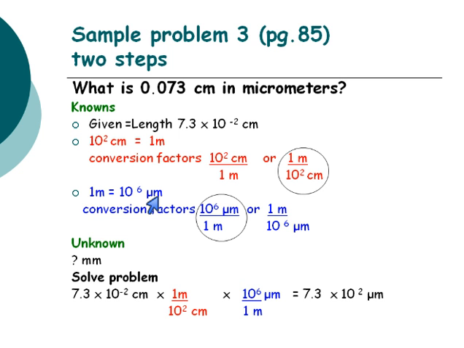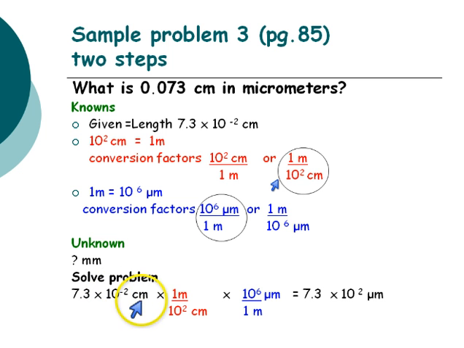Again, if you look in that equivalent table, you'll see this equivalent statement. So conversion factor, 10 to the 6 micrometers is 1 meter, or 1 meter is equal to 10 to the 6 micrometers. So the first step, we have centimeters here, we're going to need centimeters. Here we don't see centimeters, so we can't use this yet. We see centimeters, we want centimeters on the bottom, so we use this.